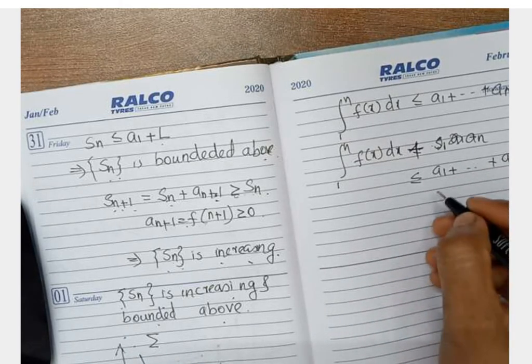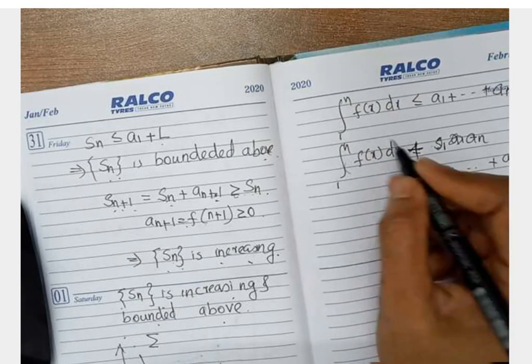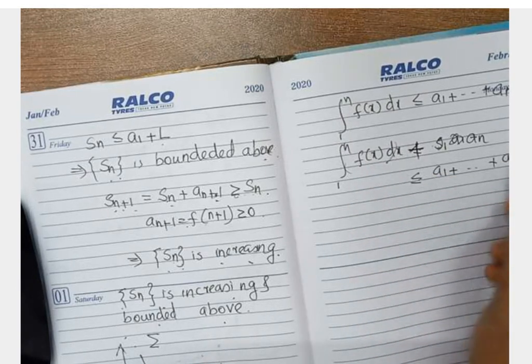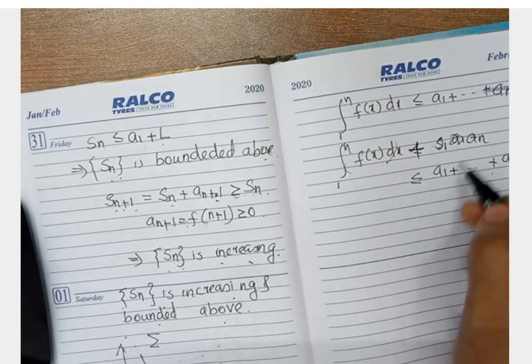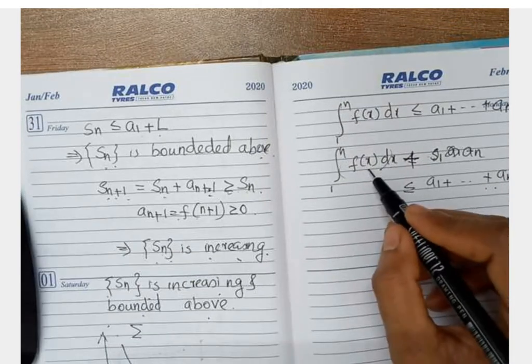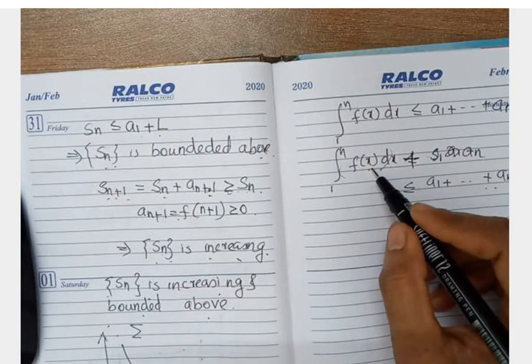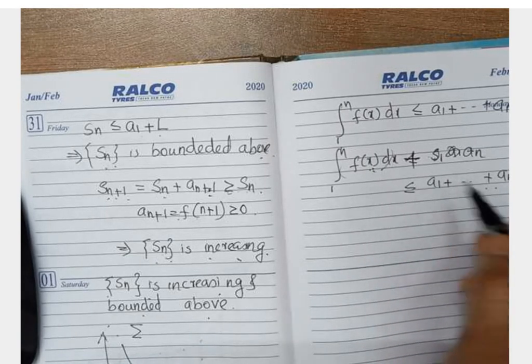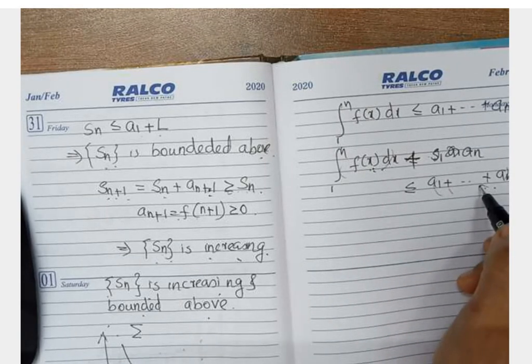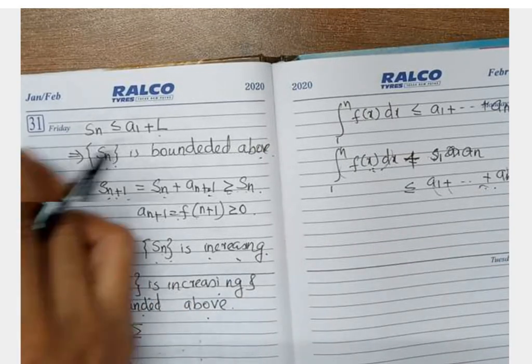So if the integral is divergent, meaning it goes to plus infinity, then our series is greater than this, so it goes to infinity and again diverges, right? So this is the proof.